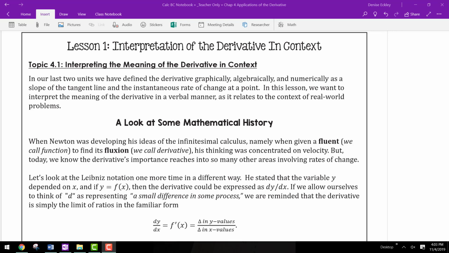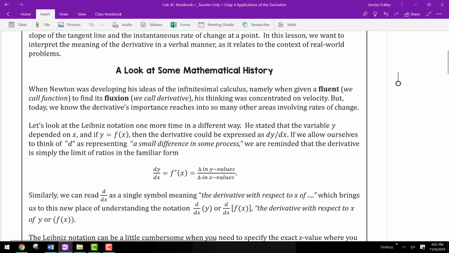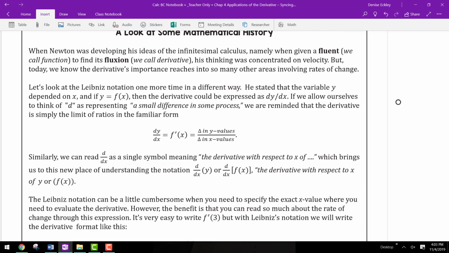To look at some mathematical history, when Newton was developing his ideas of infinitesimal calculus, he called a function a fluid. He called its derivative its fluxion. Now, we've developed our terminology from the German mathematician Leibniz and his notation as well.